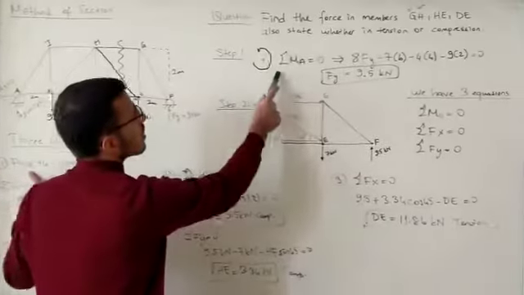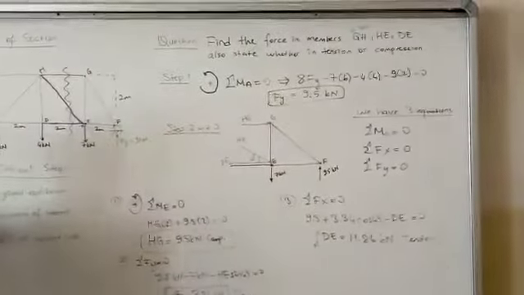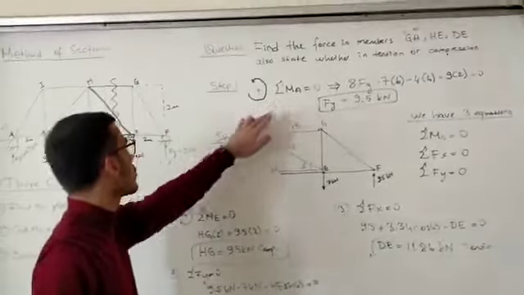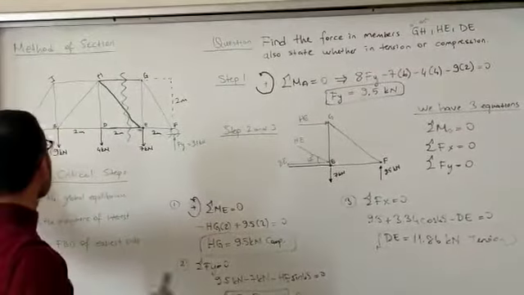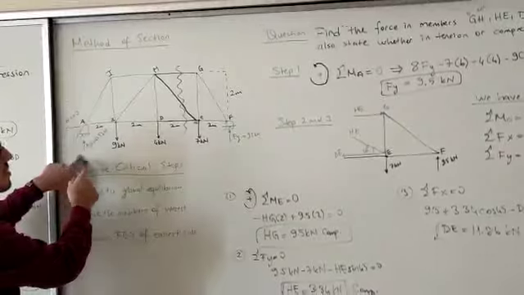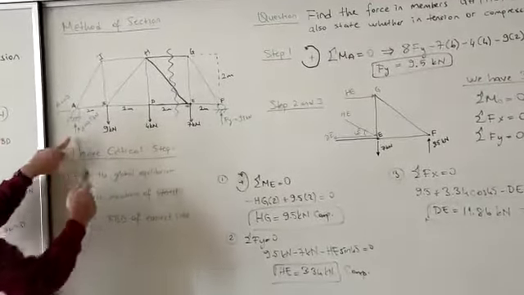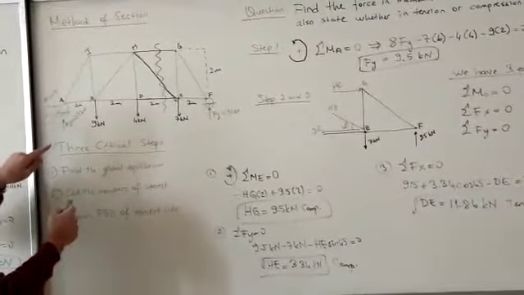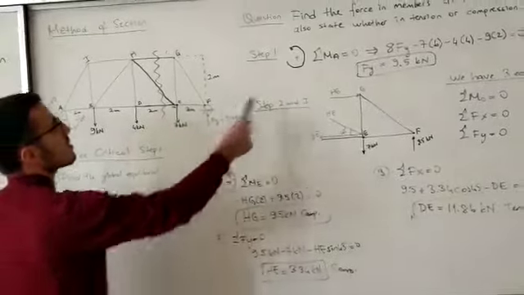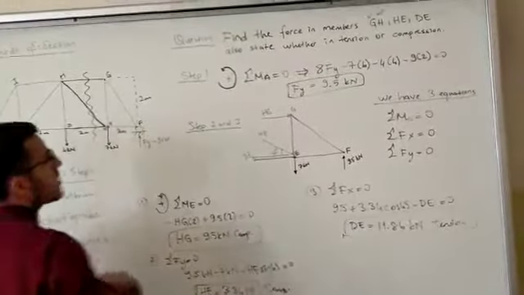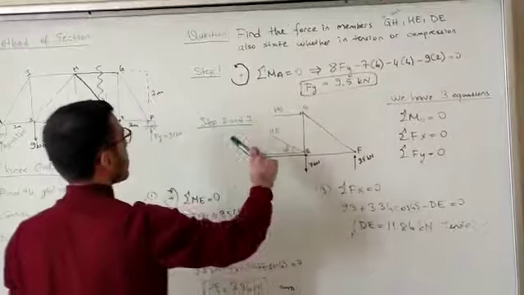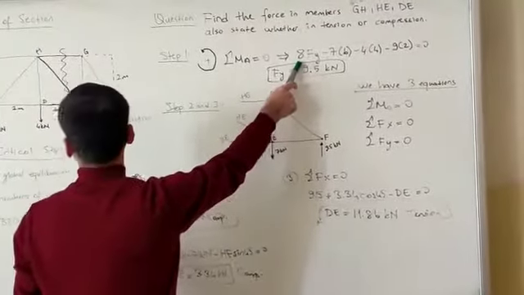It means taking moments. I want to take the moment at joint A, and here the direction of the moment is counterclockwise. It means positive, and then the sum must be equal to 0. Let's start with the moments.